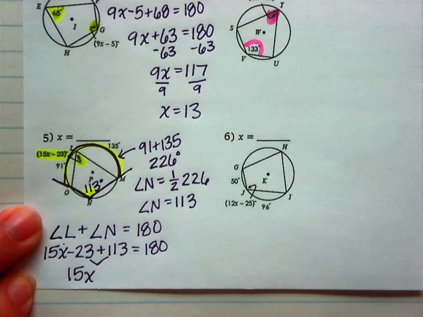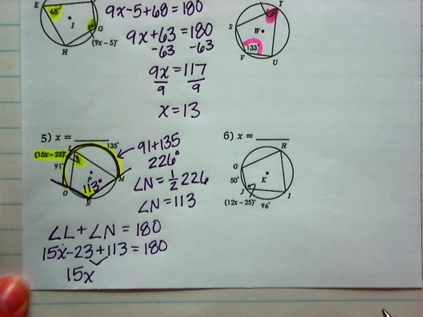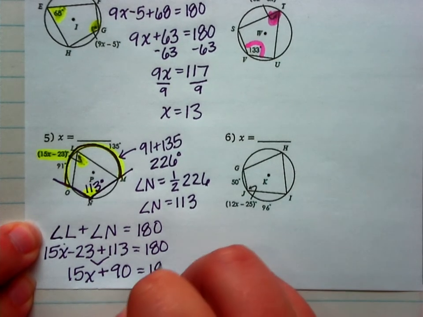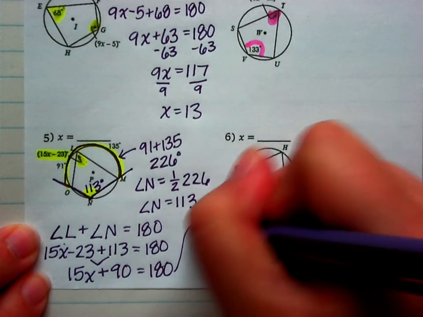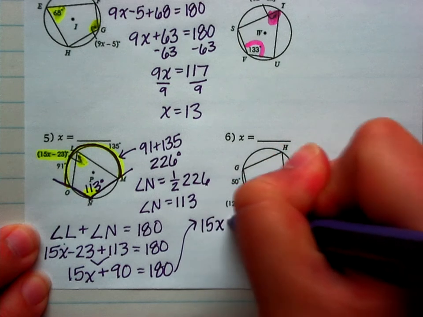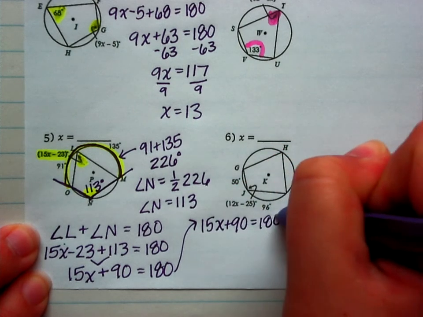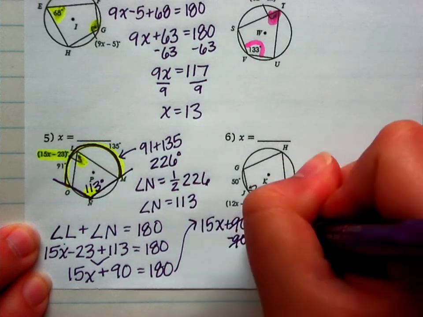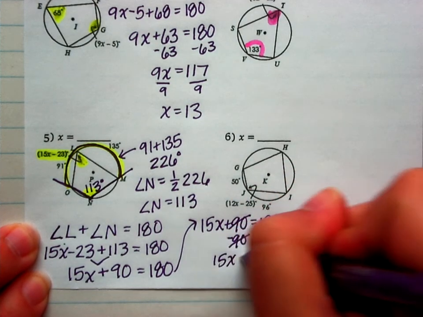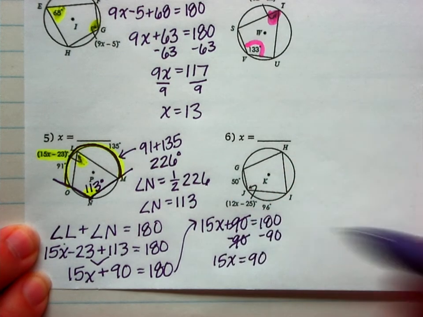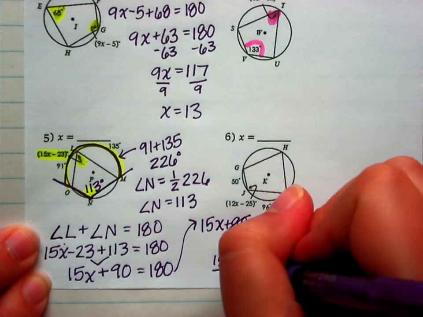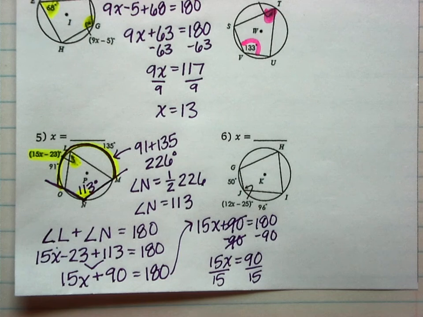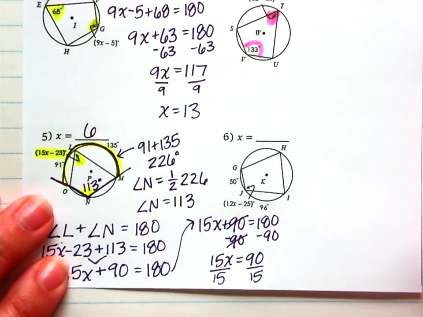Negative 23 plus 113 is positive 90. So I'm just going to rewrite that right up here. And we're solving for x. So we need to get rid of the constant, subtract the 90 over. So now 15x equals 90. 180 minus 90 is 90. And divide by 15. We get x is 6.